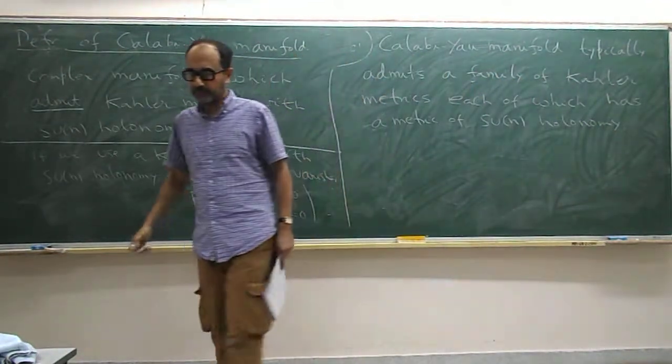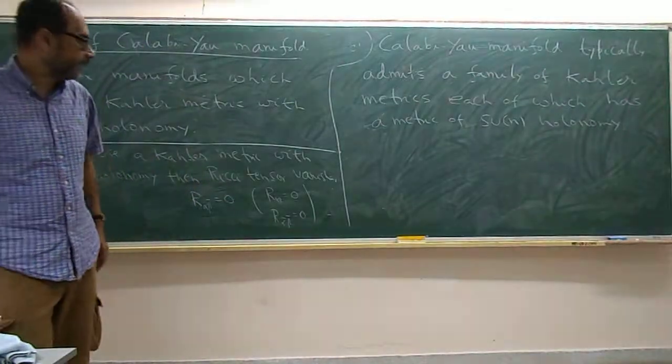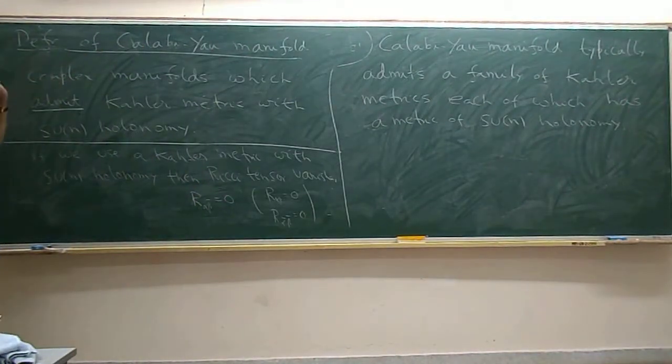What does it mean? Imagine that you are given a Calabi-Yau manifold, which means that we are given a manifold whose complex structure has been fixed. You have fixed a complex coordinate system. Now, given this, I have introduced the notion of a Kähler metric.